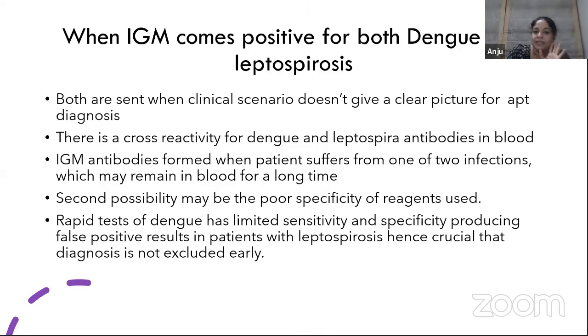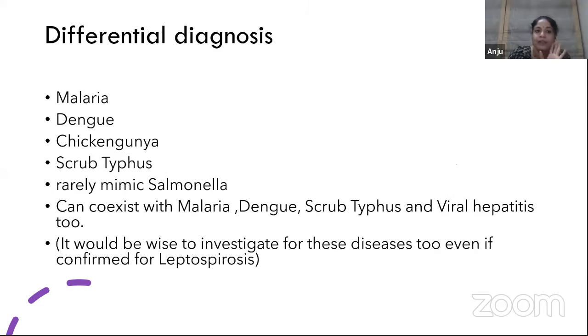Another possibility is that the reagents used could have poor specificity. The rapid tests of dengue also have limited sensitivity and specificity, and hence they produce false positive results in patients with leptospirosis. Hence, it is crucial that the diagnosis is not excluded early, so that patients do not enter this severe phase before we start treatment.